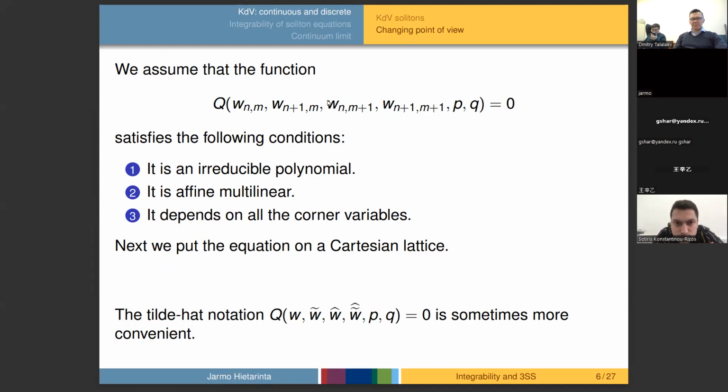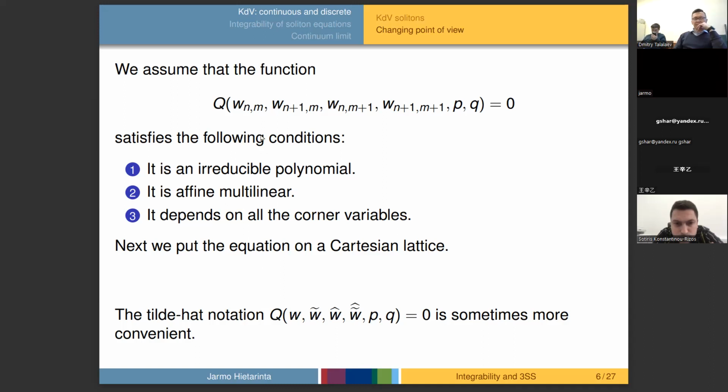And it's affine multilinear, meaning it's linear in all of these variables. And it must depend on all corner variables. So this is condition Q. If we have such a Q, then we can put the equation on a Cartesian lattice and have dynamics there.